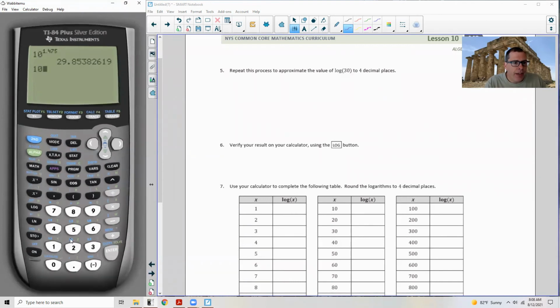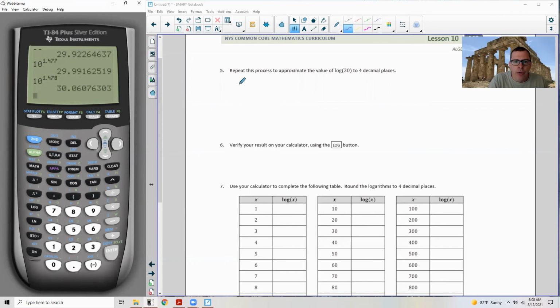So it's 10 to the power of 1.476, and that's still less than 30. So 10 to the power of 1.477 is still less than 30. 10 to the power of 1.478, and that's too many.